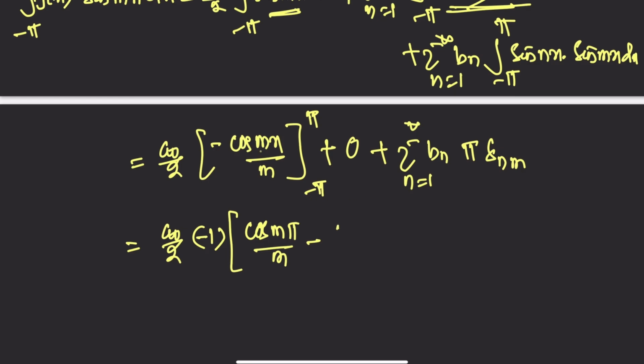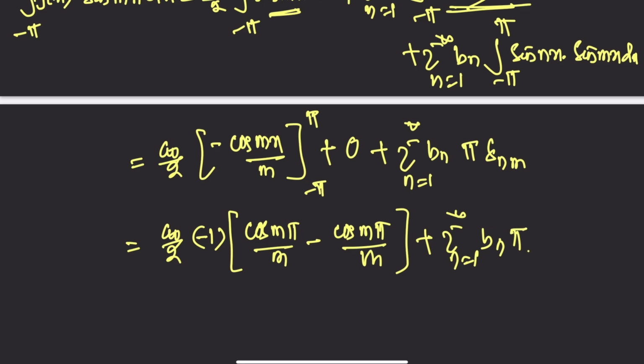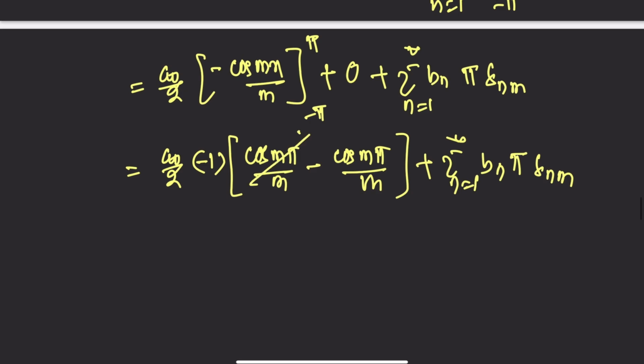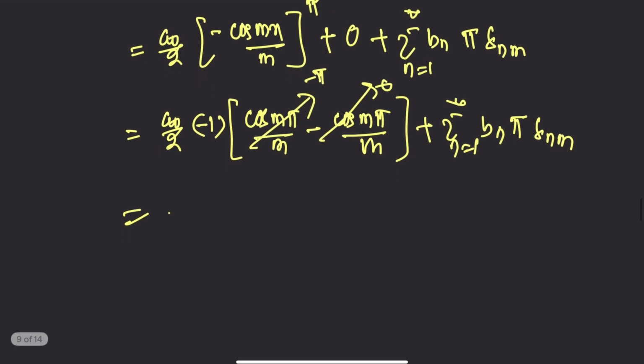We know cos of minus m pi is nothing but cos m pi, so cos m pi by m, plus summation n equals 1 to infinity b_n pi into Kronecker delta nm. The first one becomes 0, so the result becomes summation n equals 1 to infinity b_n pi into Kronecker delta nm.